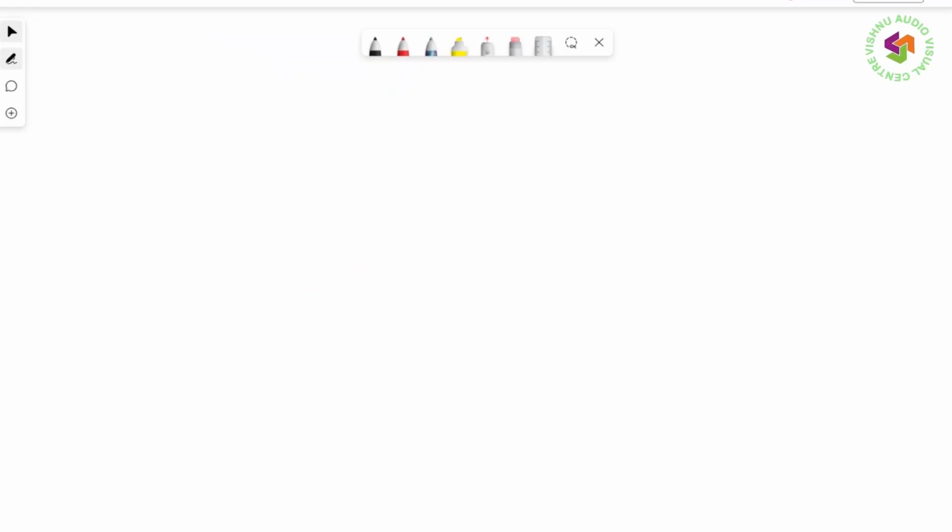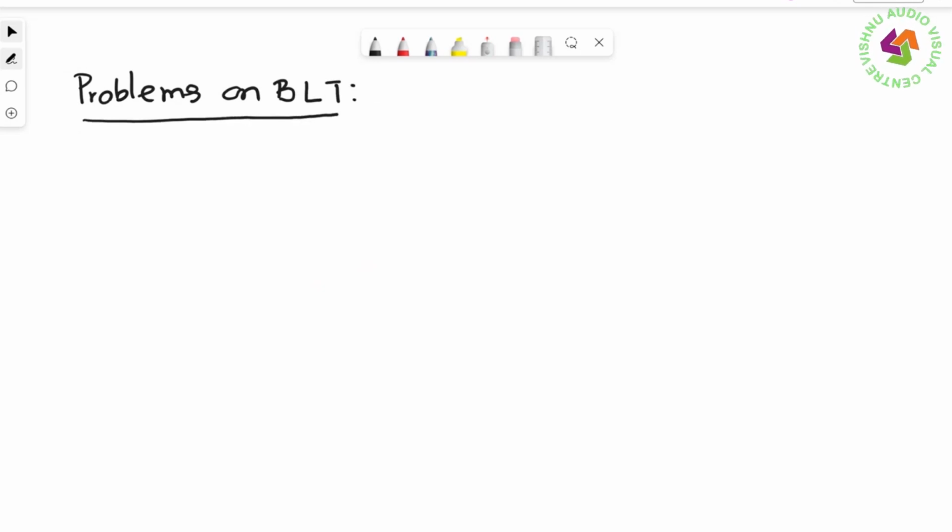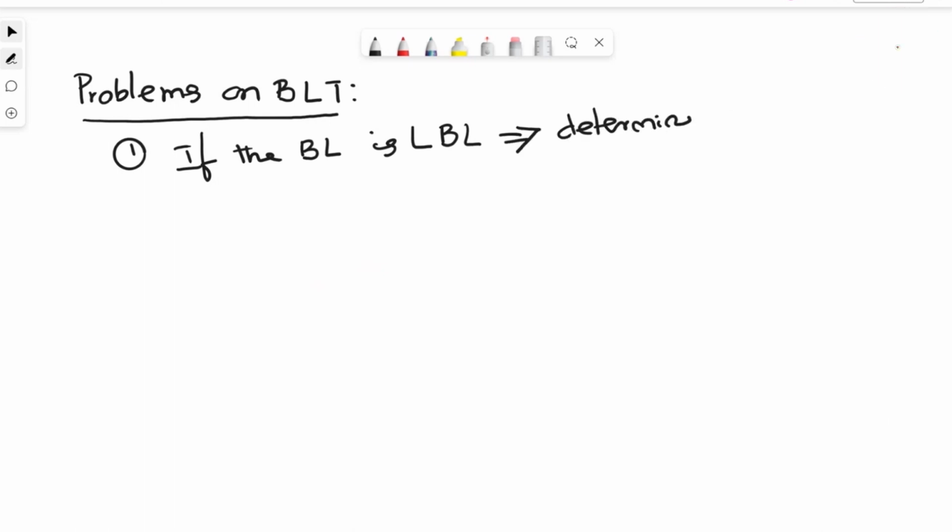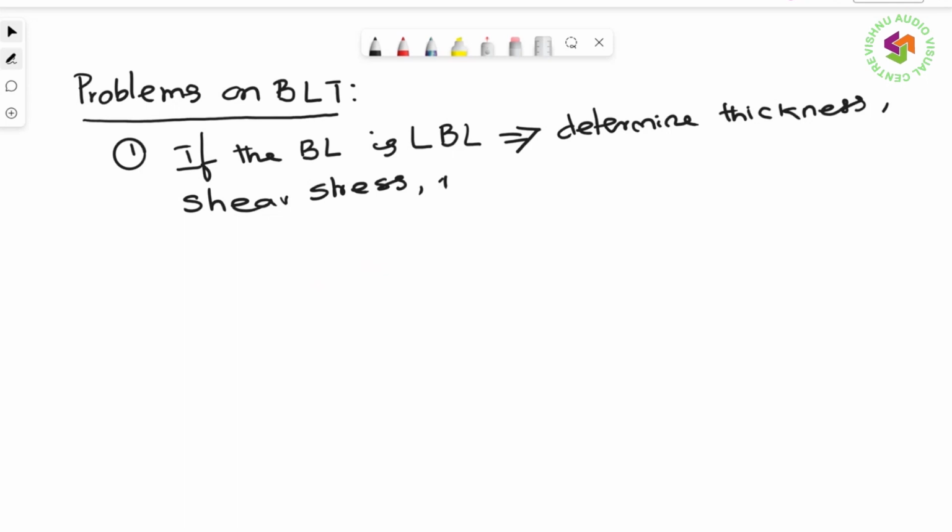Now the topic is problems on boundary layer theory. The types of problems are: if the boundary layer is a laminar boundary layer, then determine thickness, shear stress at any point, then drag force.